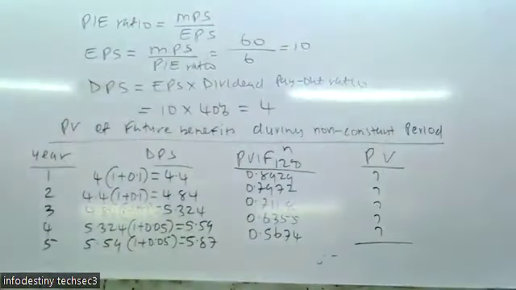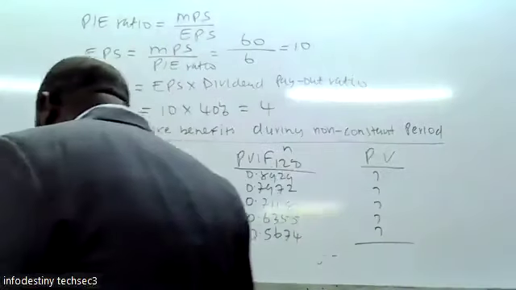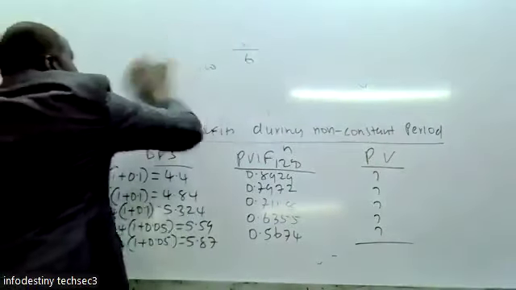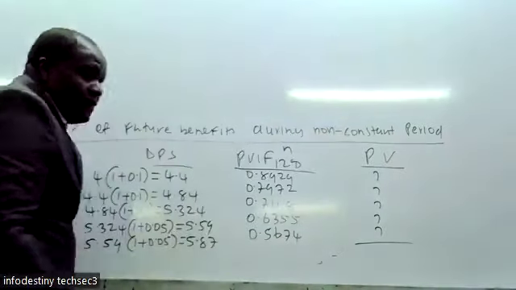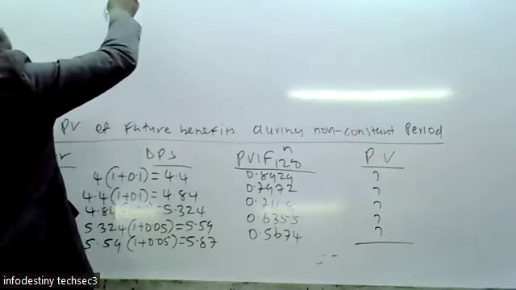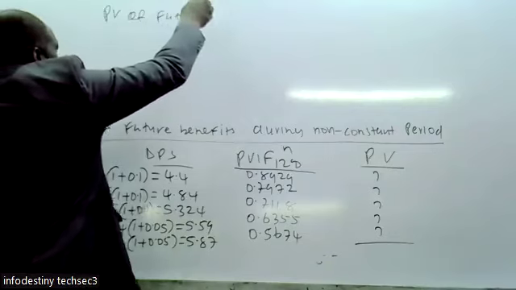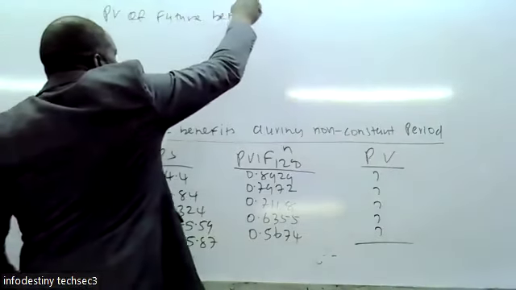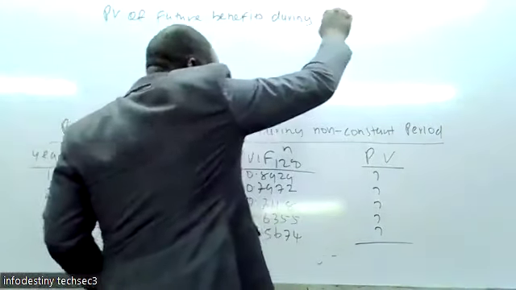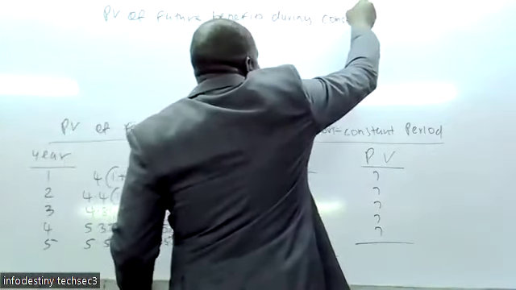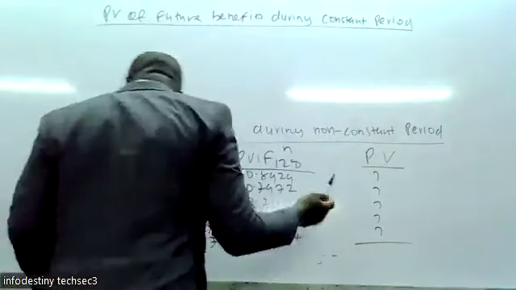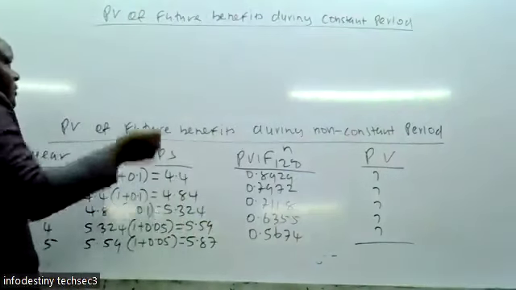Then after that, you also compute the present value of the future benefits during the constant period.